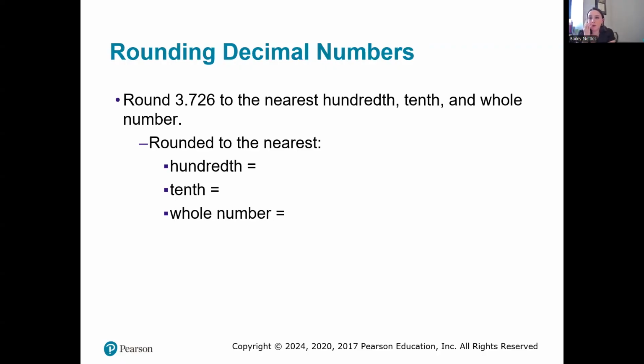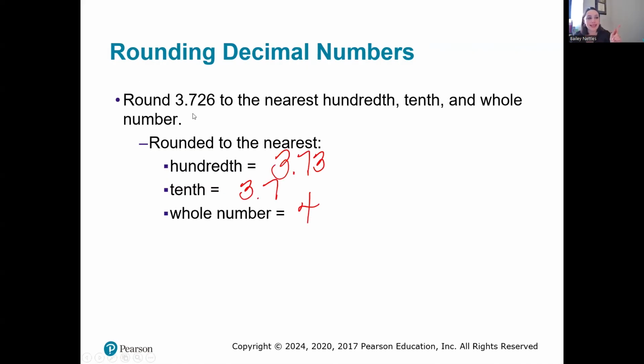All right, so this is what we're talking about. If this is my number, 3.726, and I want to round to the hundredths, we know this is tenths, hundredths, thousandths. It's already rounded to the thousandths. So if I want to round to the hundredths, I want to round to this 2. The answer is not 3.72. It's 3.73 because the 6 makes it go up.